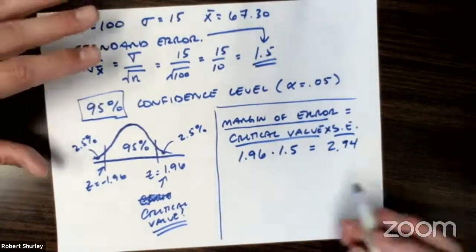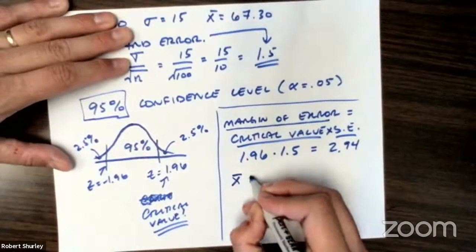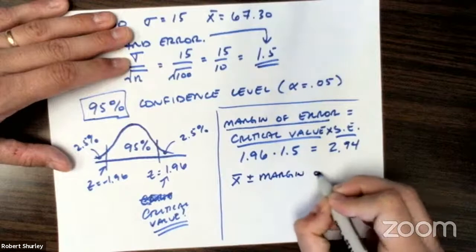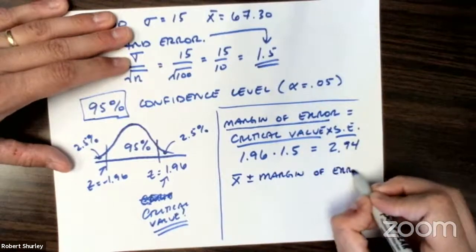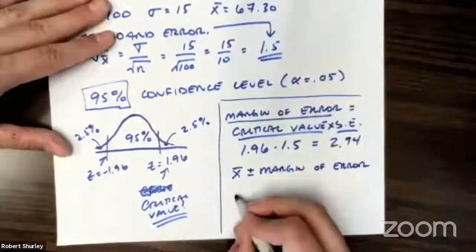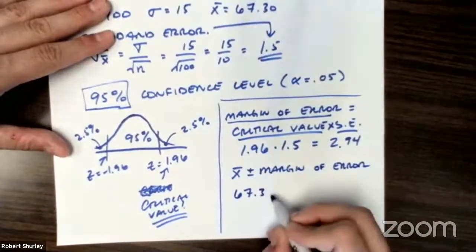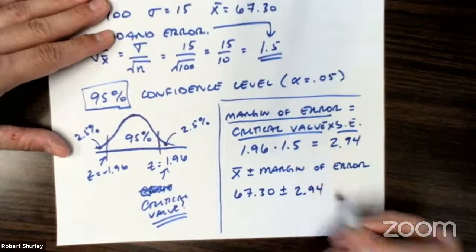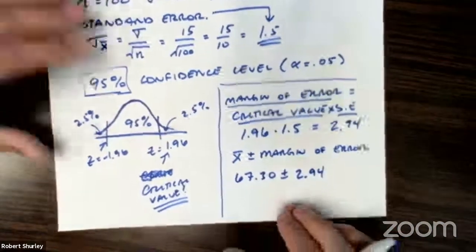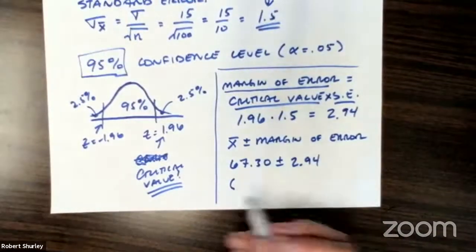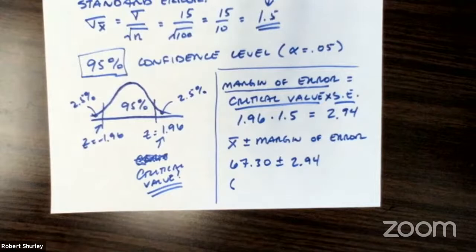So I'm going to take x bar and then add or subtract my margin of error. And that gives us our confidence interval.